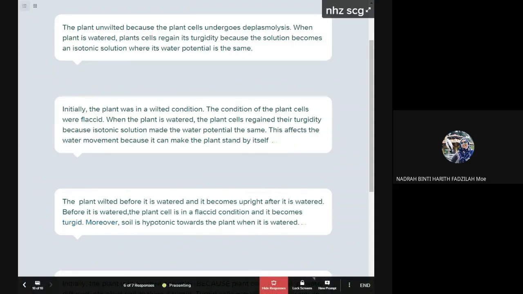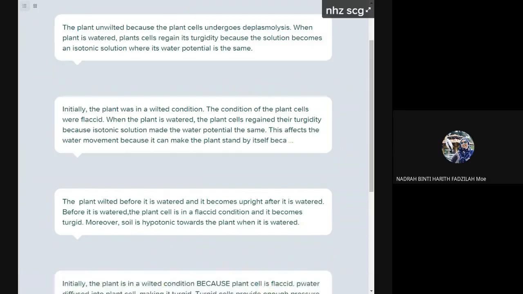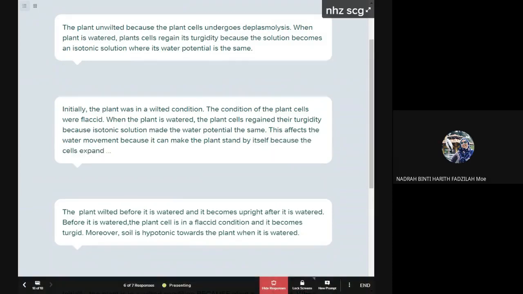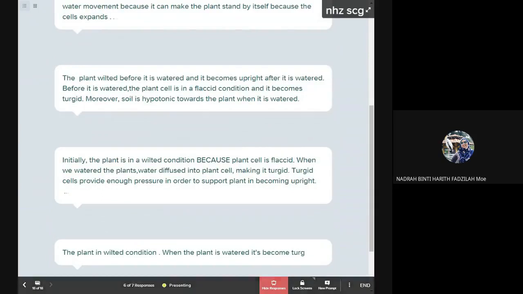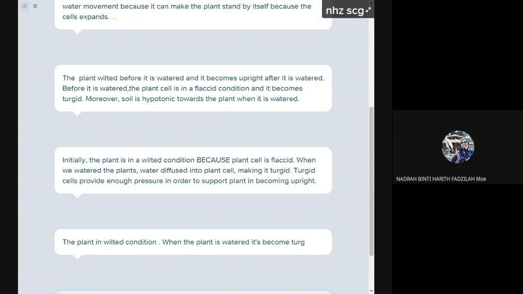Nurin, saya tak faham ayat yang kedua ni. Nurin kata soil becomes an isotonic solution where its water potential is the same ni. Kena upgrade lagi ya. Okay, sekejap. Okay, nanti saya bagi feedback dekat sini. Oh, sebab Nurin ada 2 answer. Oh, answer kat bawah tu tak jadi ya Nurin.